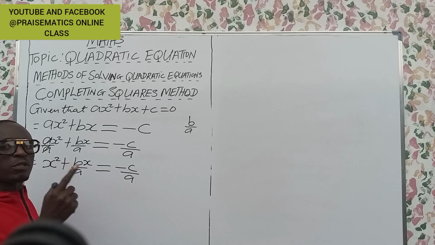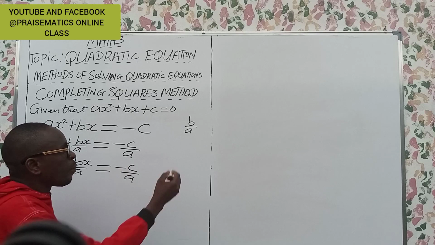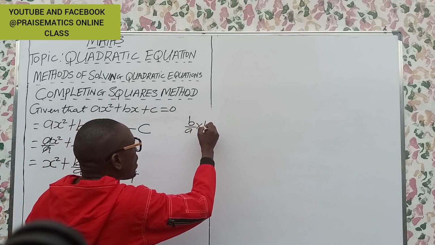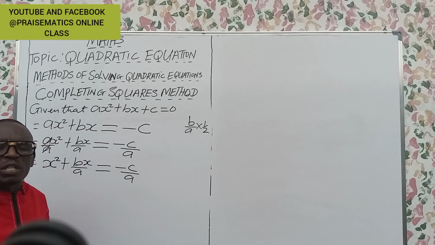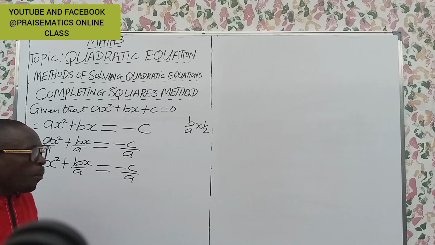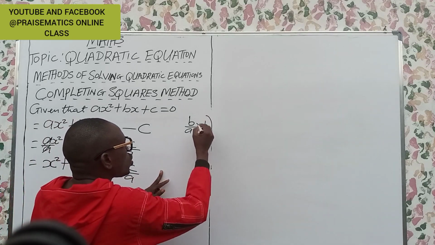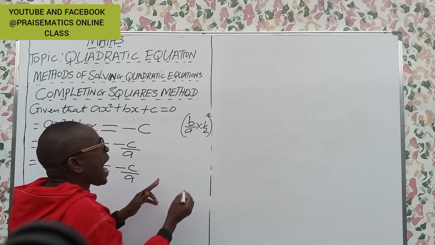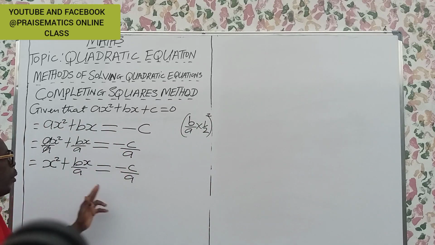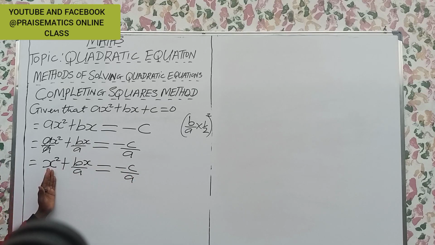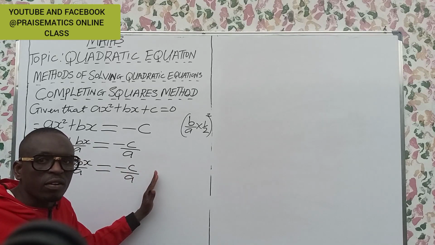Multiply it by 1 over 2, or you say half it. Multiply it by 1 over 2. This 1 over 2 is just like a surname, it's a constant. Multiply it by 1 over 2, square it, and add the result to both sides of the equation. This is the left hand side, this is the right hand side of the equation.